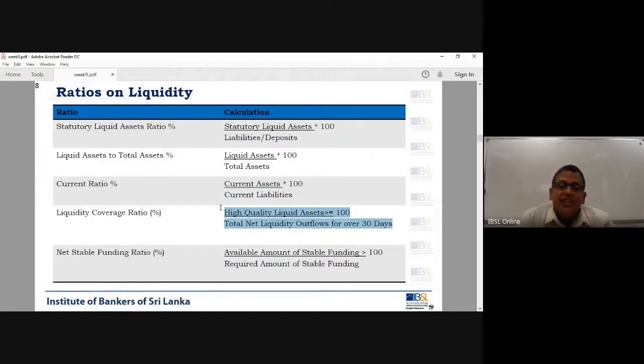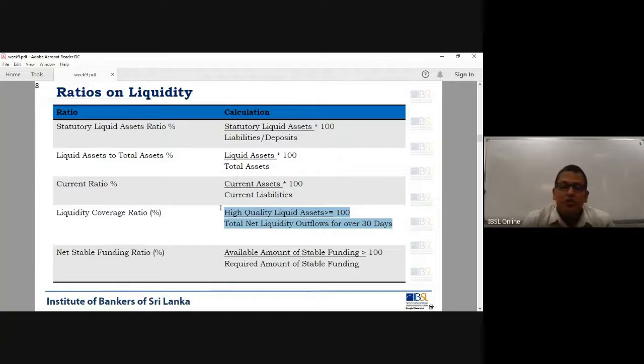And the net stable funding ratio is a long-term funding and liquidity ratio, which is the available amount of stable funding divided by the required amount of stable funding, multiplied by 100. This ratio also the bank has to maintain at more than 100%. These two ratios have been introduced under the Basel III Accord.